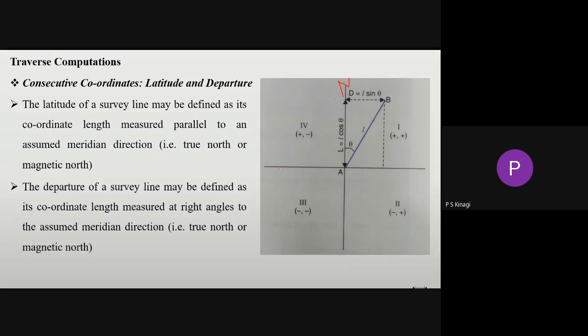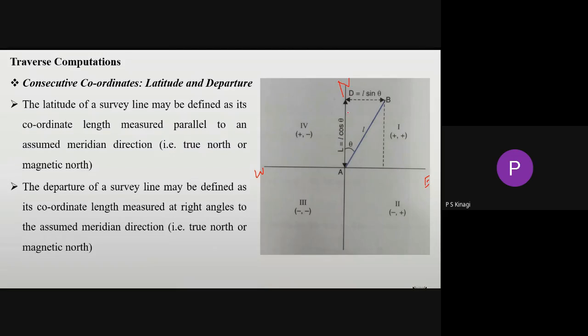Similarly, if the coordinate length is measured perpendicular to the north and south line, or parallel to the east and west, this is west, this is east, then it is called the departure.